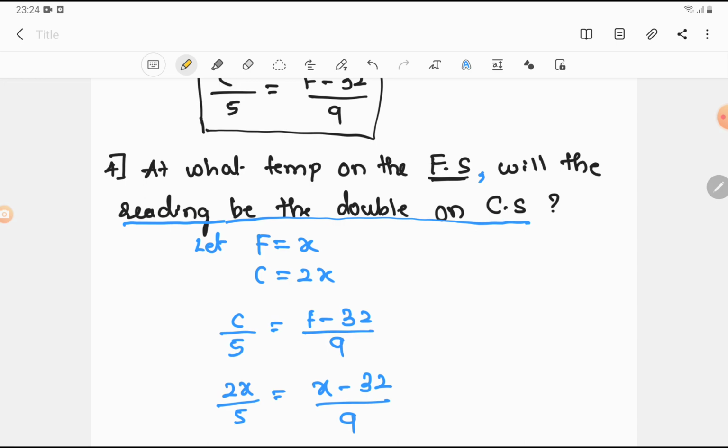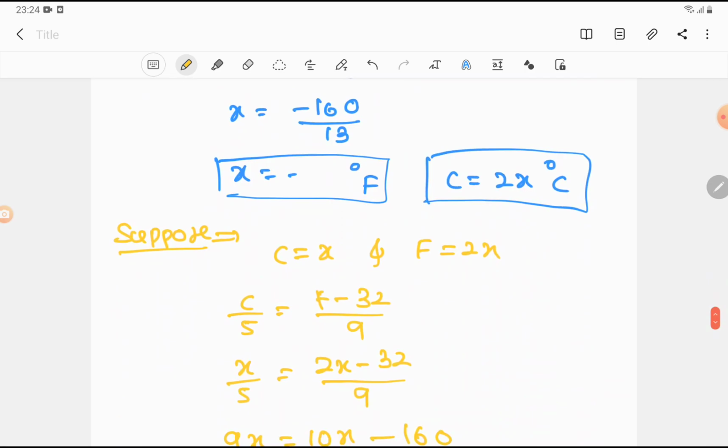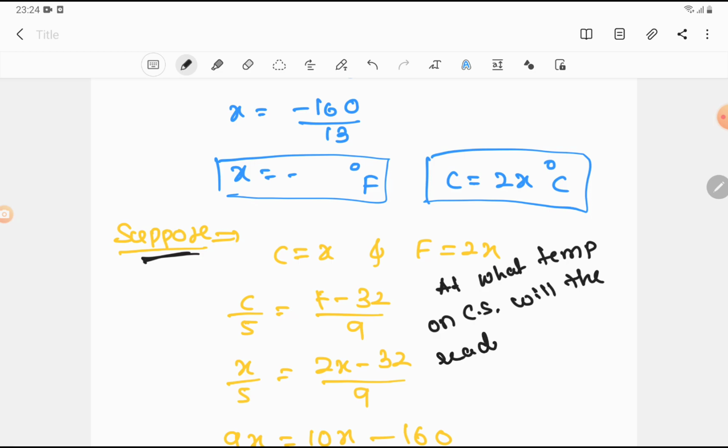For this problem, you can even change the words, like: at what temperature on the Celsius scale will the reading be double of the reading on the Fahrenheit scale.